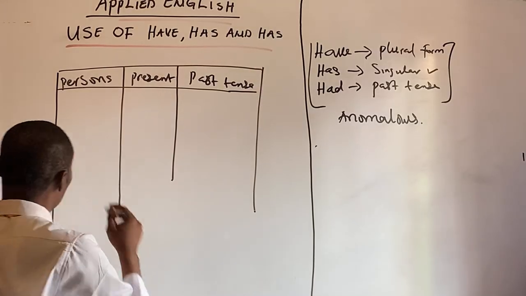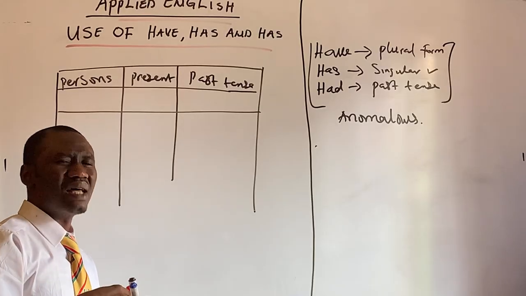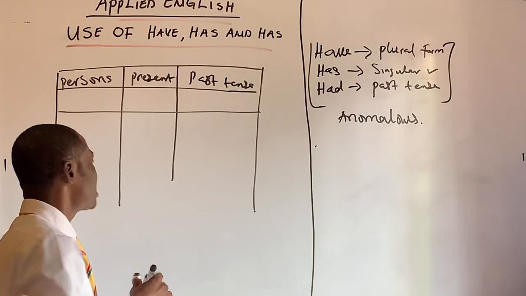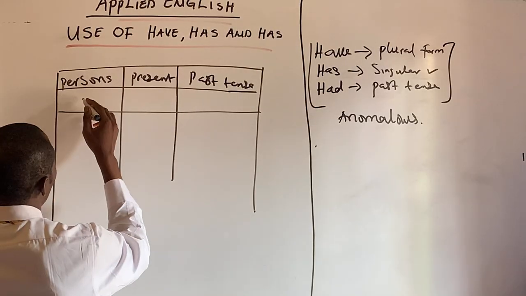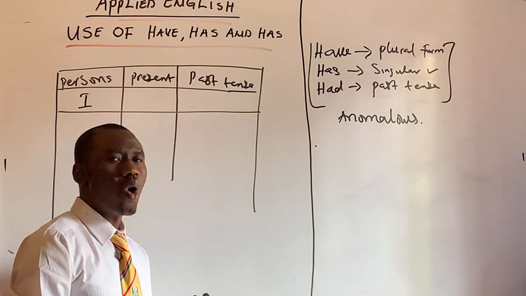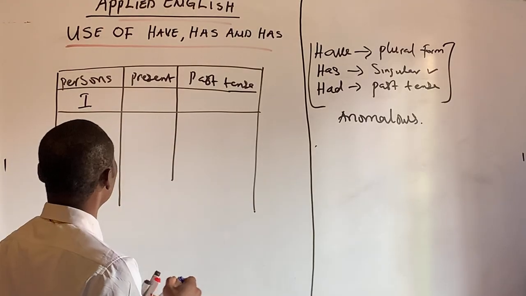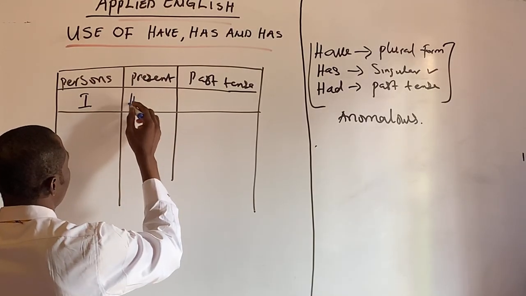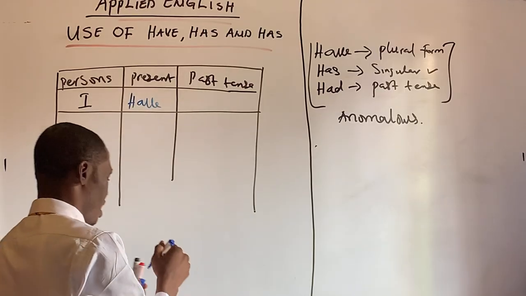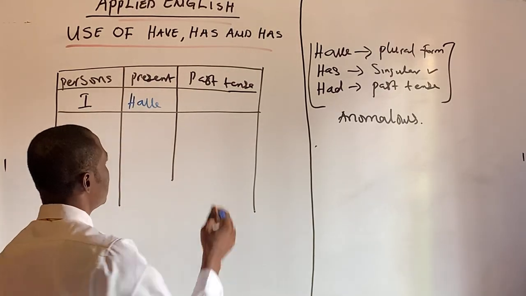Now, for the first person singular subject, we have I. Do we say I have or I has? What's the right answer there? The right answer is I have. Now, what's the past tense for I have? I had.